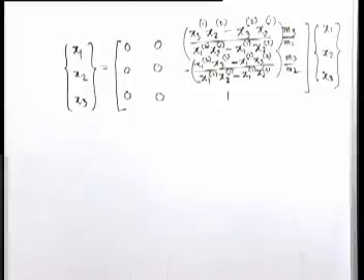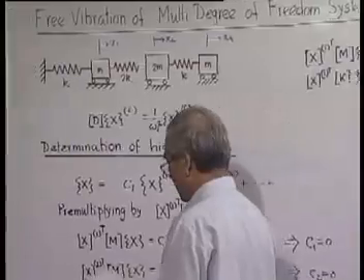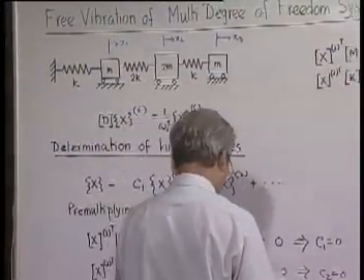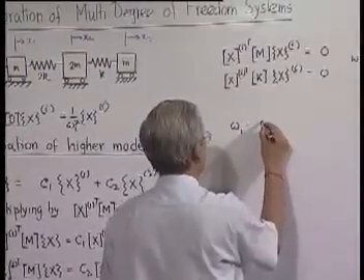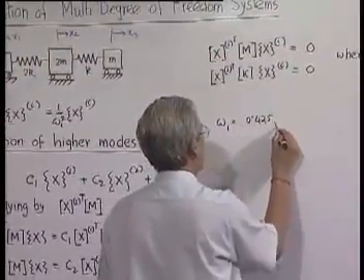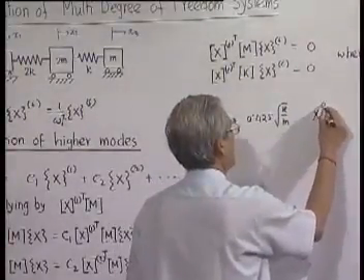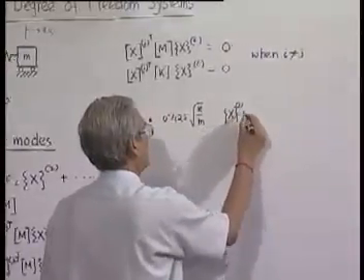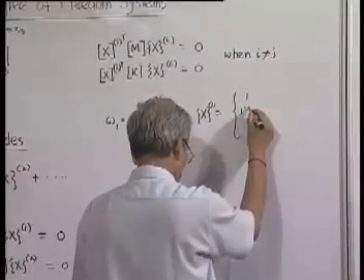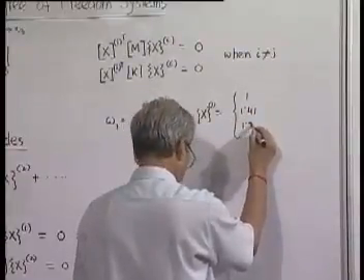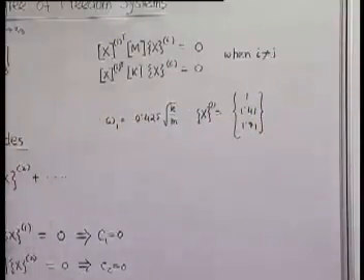To solve the same problem, because the first mode has already been solved, we know that your first mode omega 1 is 0.425 square root of k by m, and x1 is 1, 1.71 or something like that, 1.72.